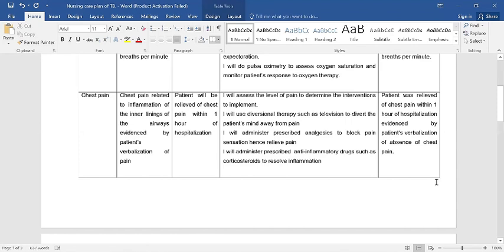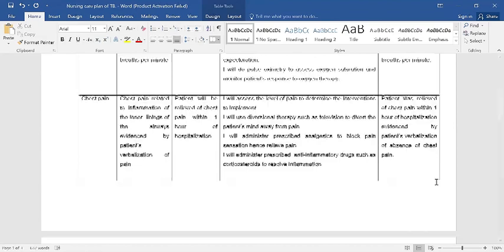From there, we go and look at our evaluation, which was saying the patient was relieved of chest pain within 1 hour of hospitalization, evidenced by patient verbalizing absence of chest pain.